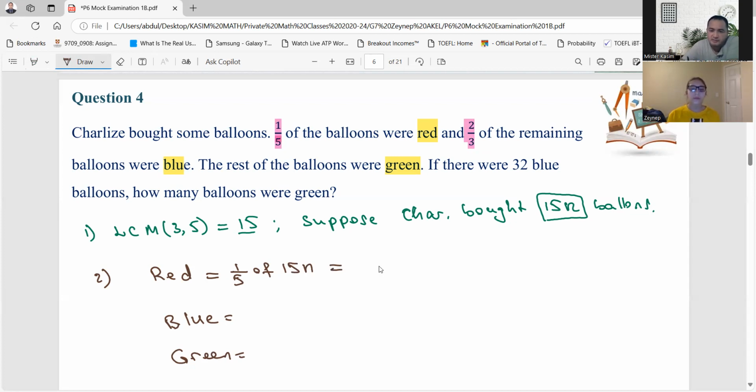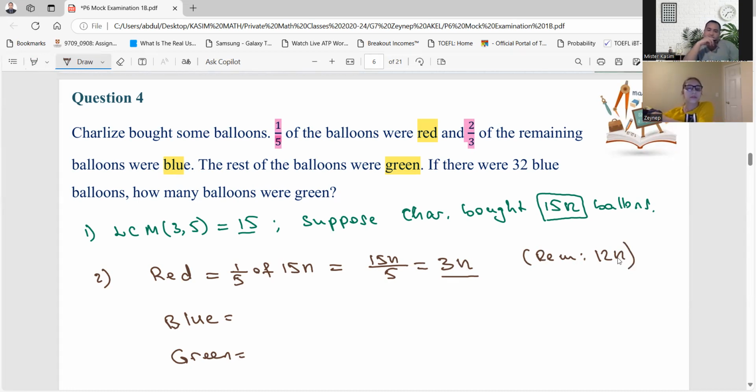Of means times. So that's equal to 15N divided by 5, which is 3N. She has 3N of them red, so the remaining is 12N, because 15N minus 3N is equal to 12N.